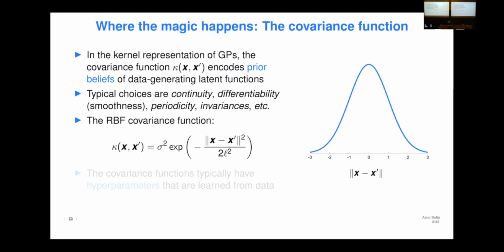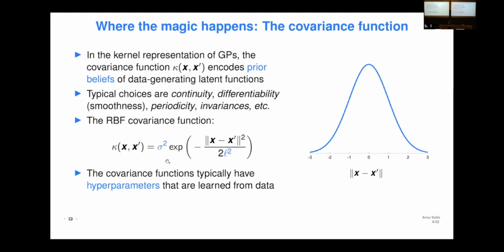And if you look at the curve, it actually tells quite a lot. It tells that the model functions are infinitely smooth, like there exist infinitely many derivatives of the model functions. Also, the two parameters of this kernel, which are in blue here, characterize what kind of behavior is to be expected by the model functions.